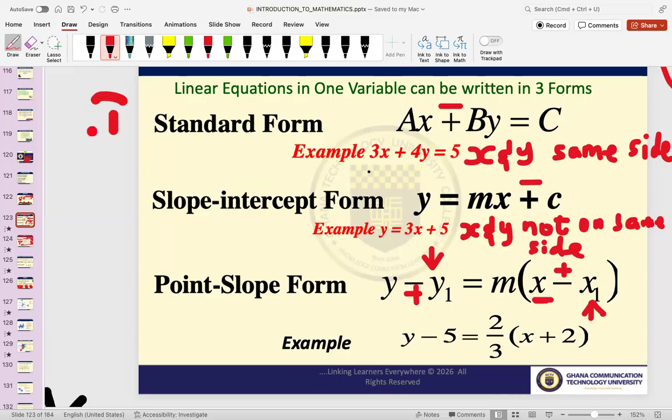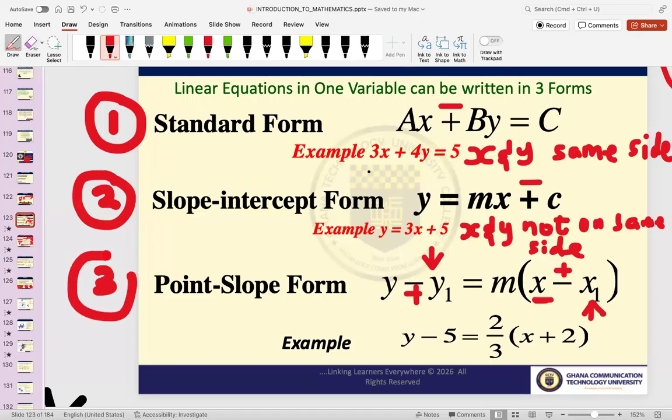You can use the first way, the second way, or the third way.